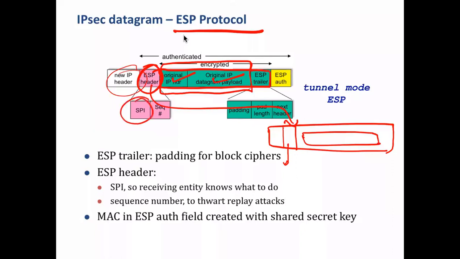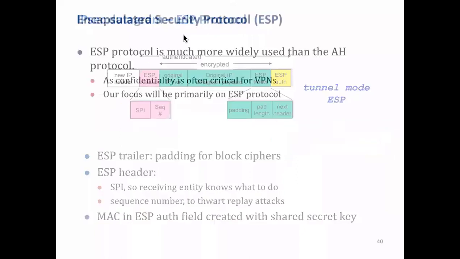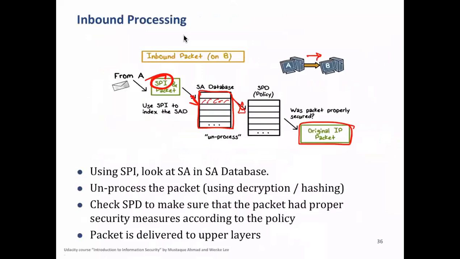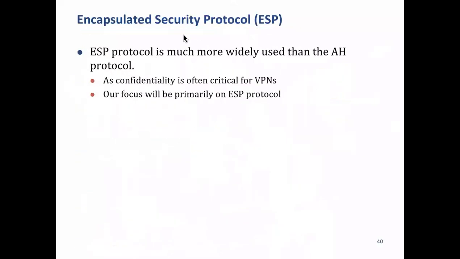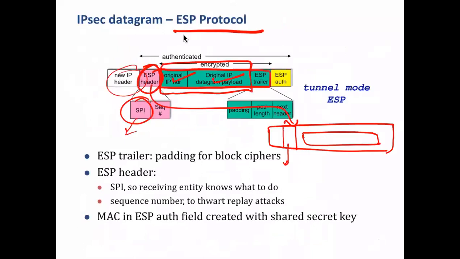All this information comes from the SPI, the index of the security association database, like the one we have seen here. And of course the sequence number. We create the sequence number internally to avoid a kind of attack called replay attack. And then at the end you have authentication. You calculate MAC, HMAC, etc., and put the data here.